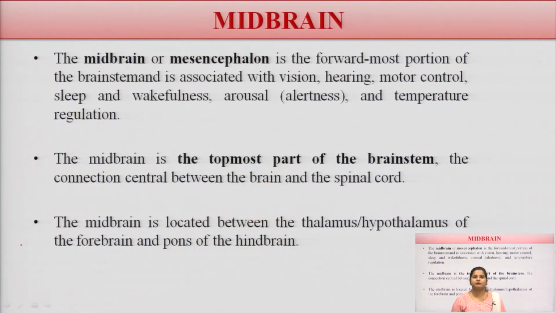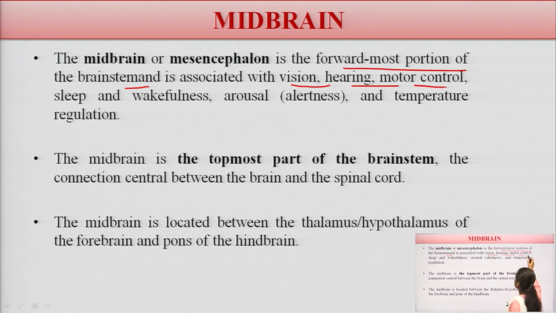The midbrain is also known as the mesencephalon. The forebrain is known as the prosencephalon, and the midbrain is known as the mesencephalon, the forwardmost portion of the brain stem. It is associated with vision, hearing, motor control, sleep and wakeful arousal, alertness and temperature regulation.